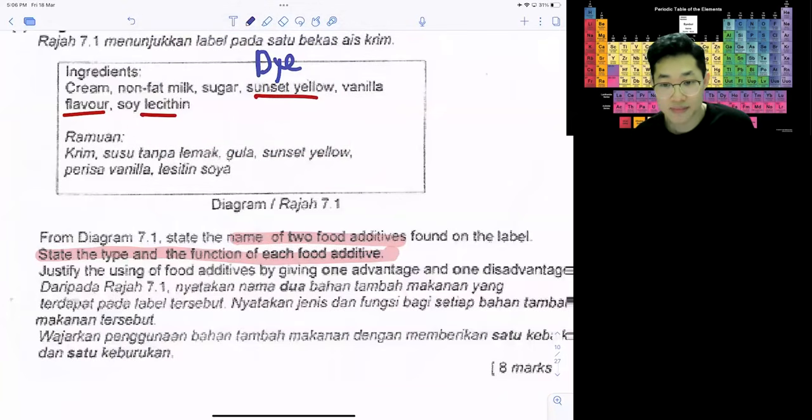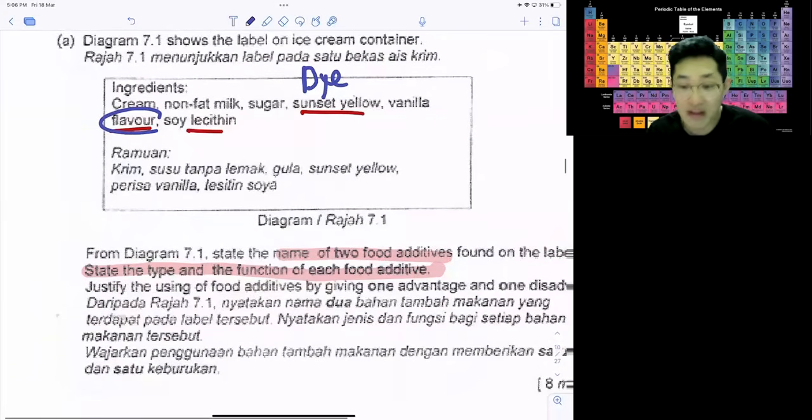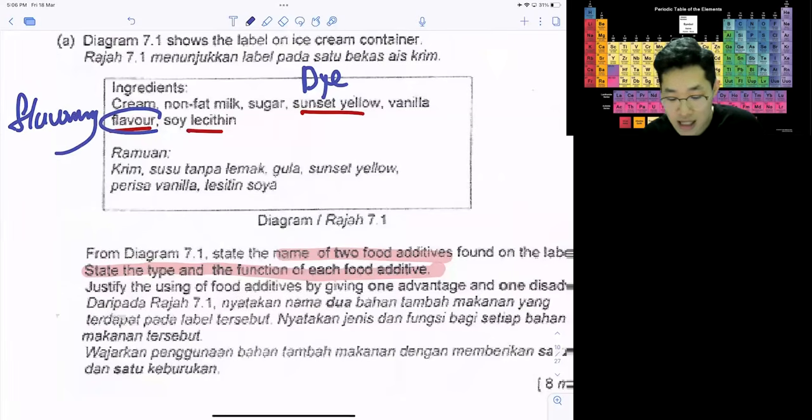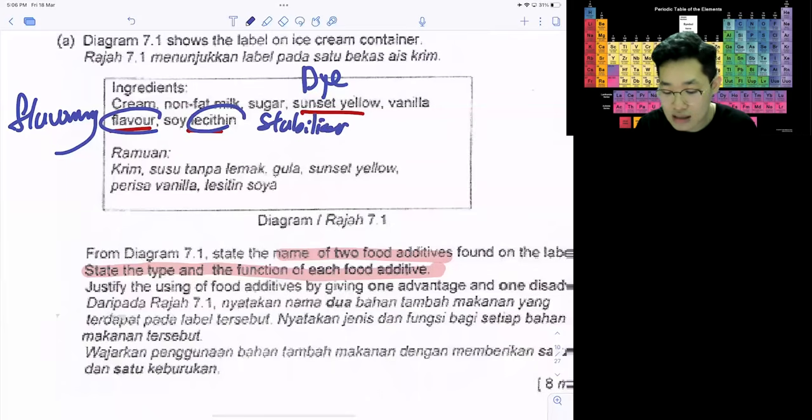Yes, dye. Food colorings also can. Flavor, of course, flavoring. Lecithin, you can write emulsifier. You can also write stabilizer. Either one of them.